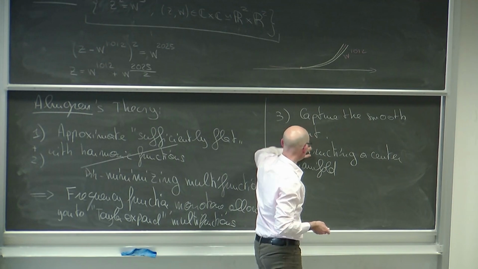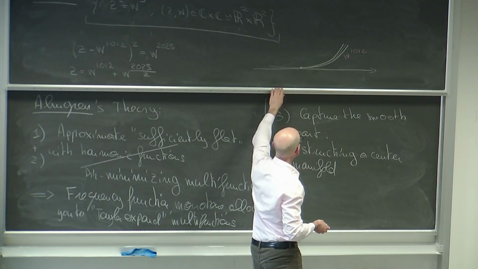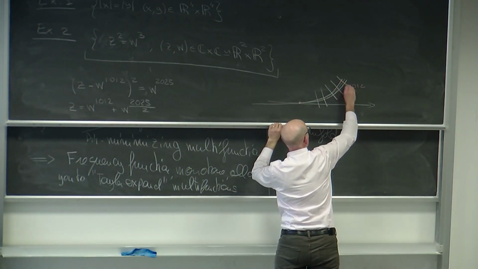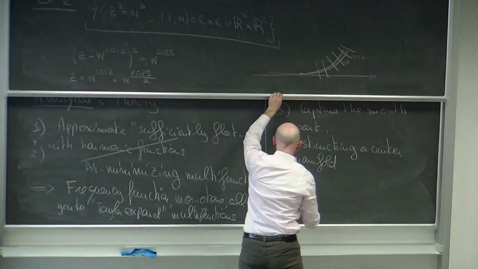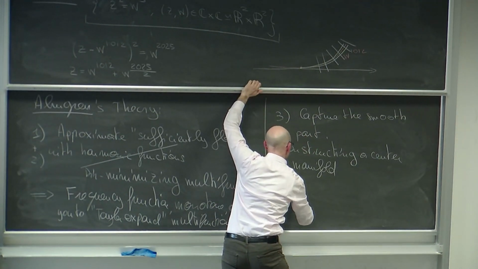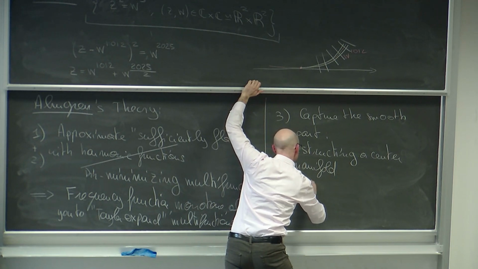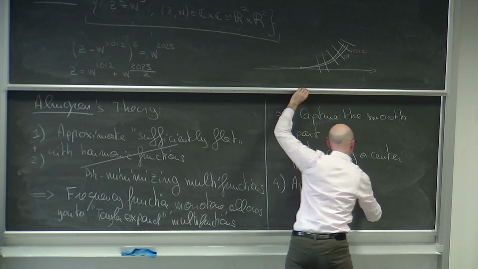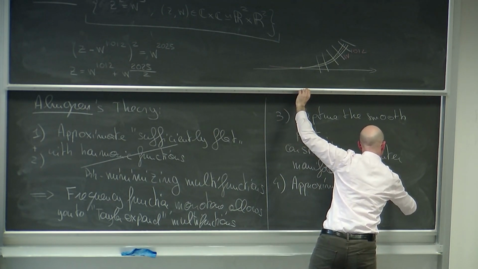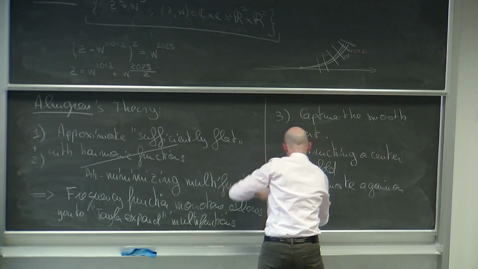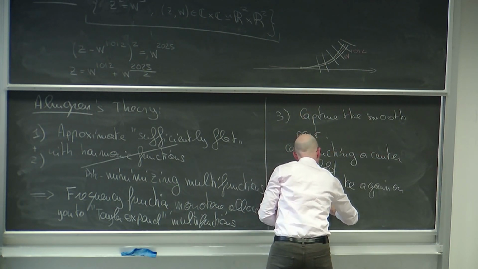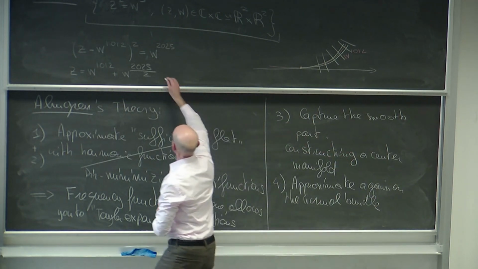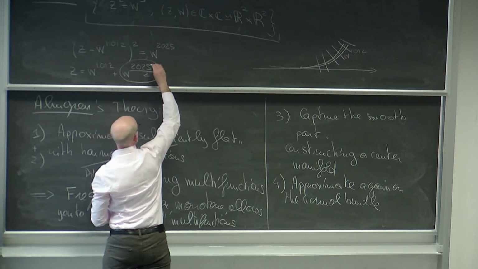Okay, so you capture the smooth part, you construct this center manifold, and at this point you have, on the normal bundle, your multifunction. Now you're actually able to approximate again on the normal bundle and capture this part of the expansion. So capture really the singular part of the expansion.